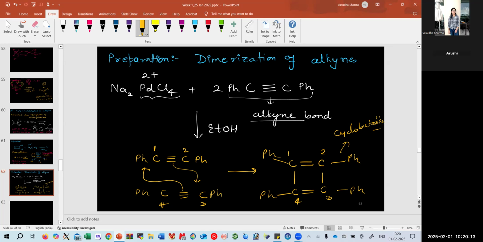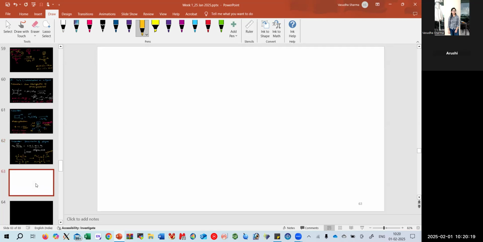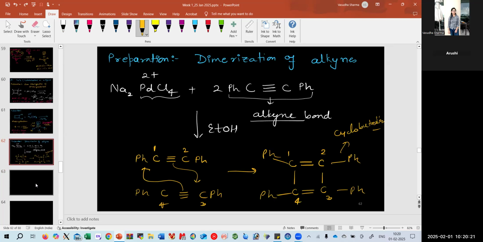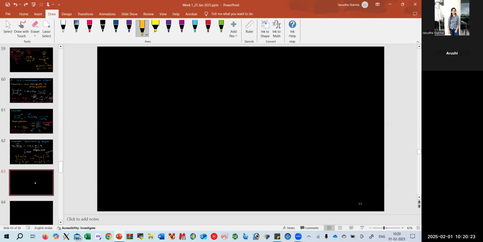Right? Now, there is also one possibility that even if we are saying dimerization, this particular system, when we have C triple bond C-Ph, can also go to trimerization.